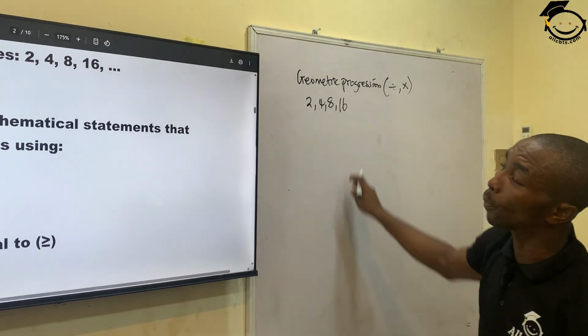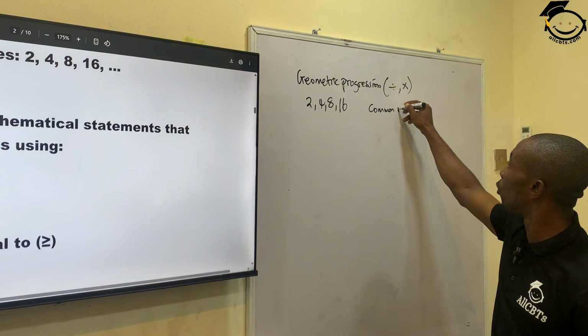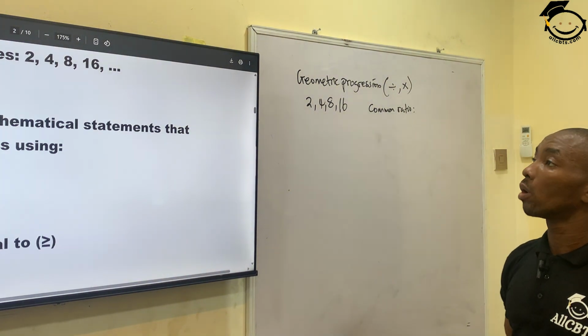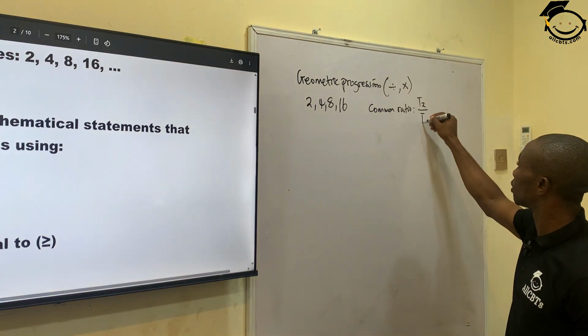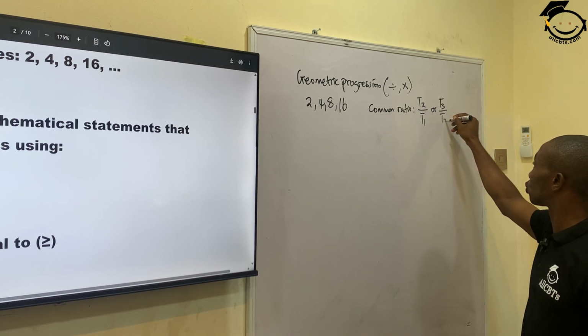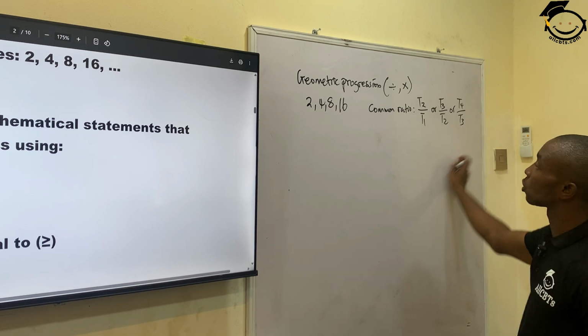In geometric progression, we have what we call the common ratio. Your common ratio can simply be found by T2 over T1, or T3 over T2, or T4 over T3, and so on.